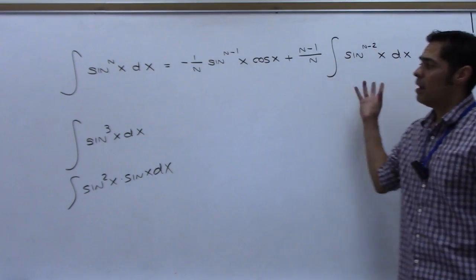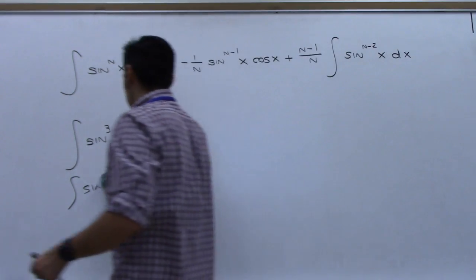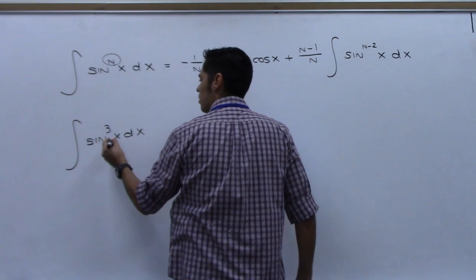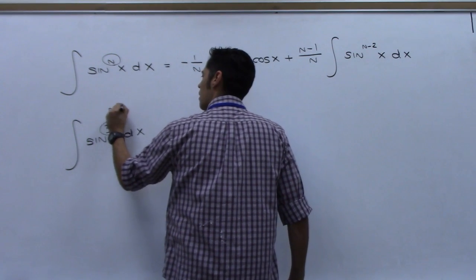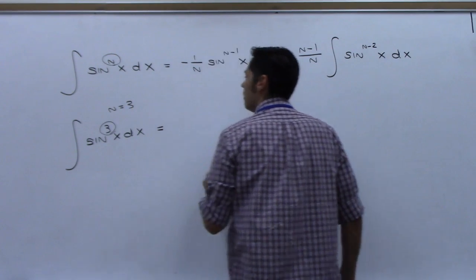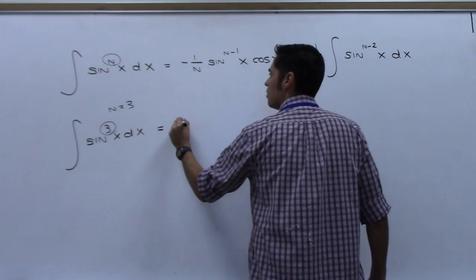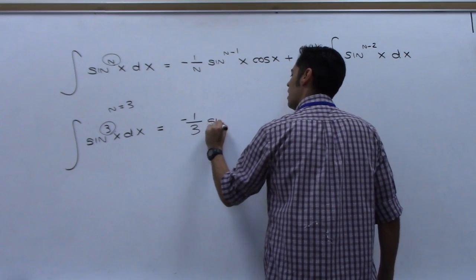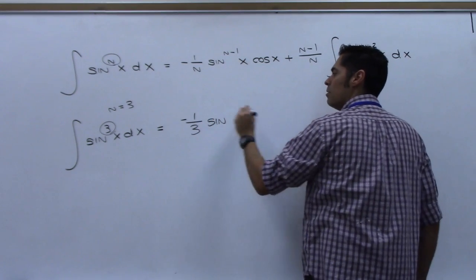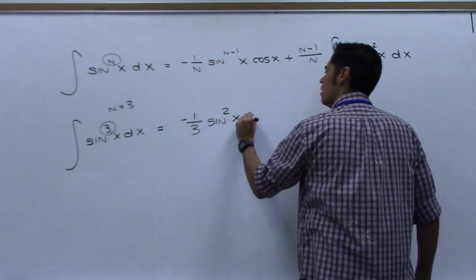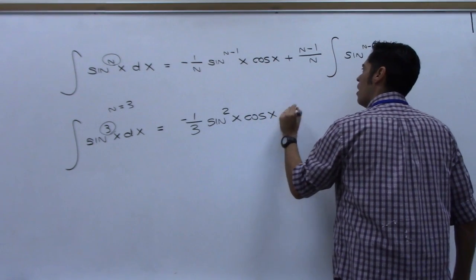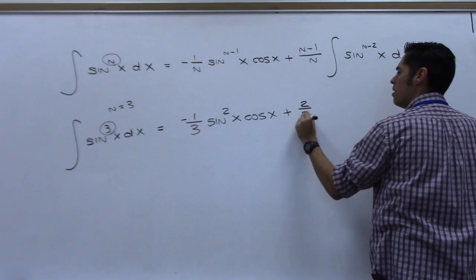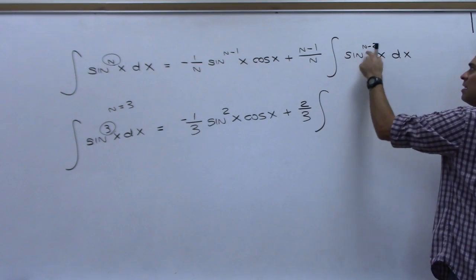According to this formula, we don't have to do any of that. All we have to do is identify what n is, which for us would be what? 3, and then plug into this formula. So for us, it'll be negative 1 over 3 sine raised to the n minus 1, so sine squared x cosine x, plus n minus 1 over n, which is 2 over 3, integral of sine to the n minus 2.